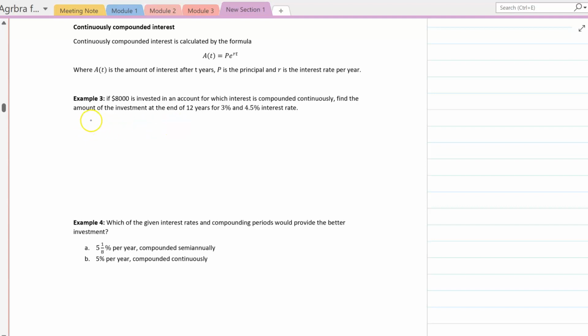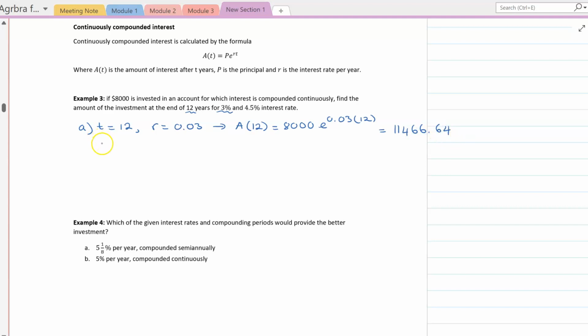So the amount in the first part, for 12 years at 3%. In part A, we're given t equals 12 and r equals 0.03. So A of 12 is equal to 8,000 times e to the 0.03 times 12, and that is 11,466 and 64 cents.